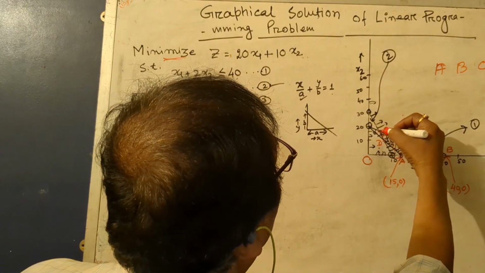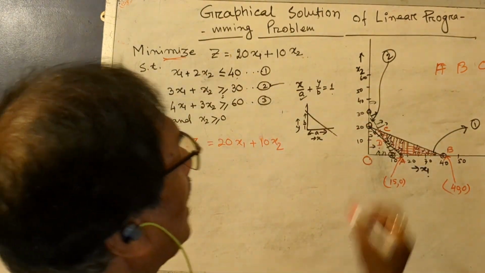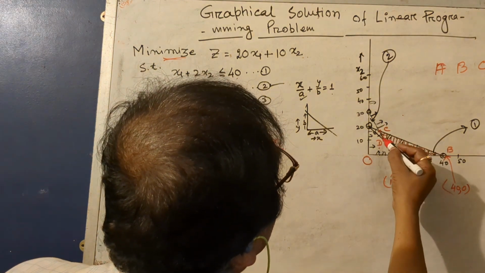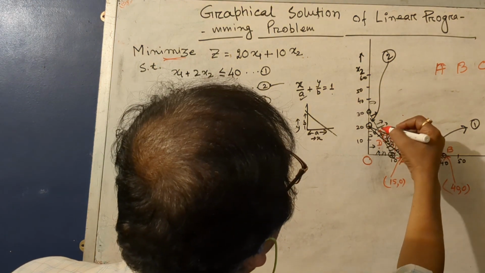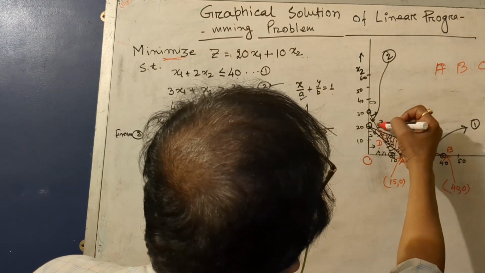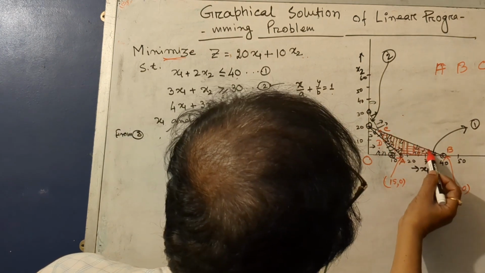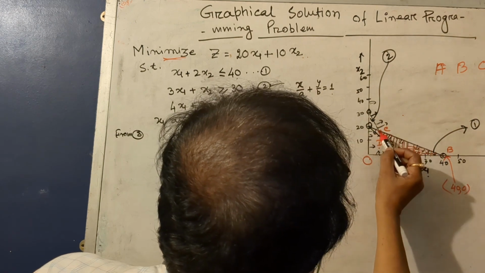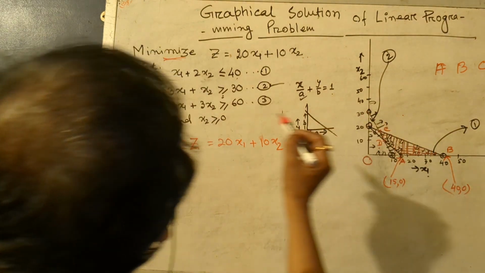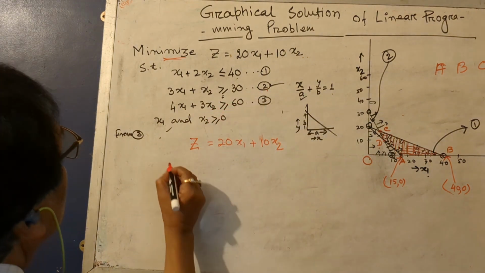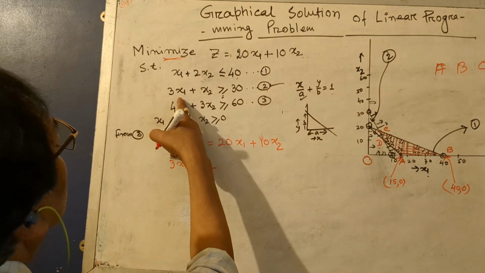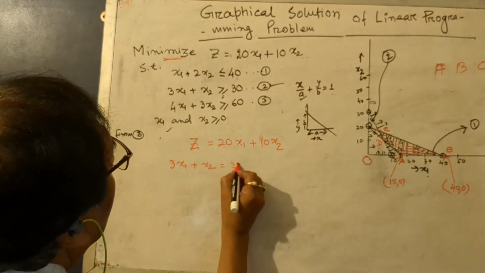Now, how will we get the coordinates of C and D? As these two lines intersect here, if we solve these two equations, then we will get the coordinate of C. So which are the equations? This is equation 2 and this is equation 1. Equation 2 is 3x1 plus x2 is equal to 30.